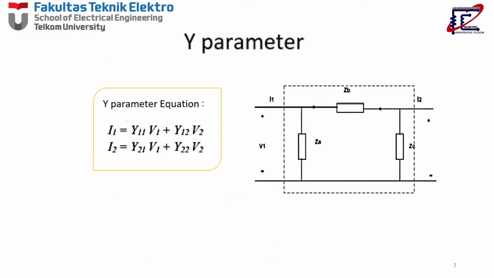This is the Y parameter equation: I1 equals Y11 multiplied by V1 plus Y12 multiplied by V2, and then I2 equals Y21 multiplied by V1 plus Y22 multiplied by V2. For your note, Y equals 1 over Z.